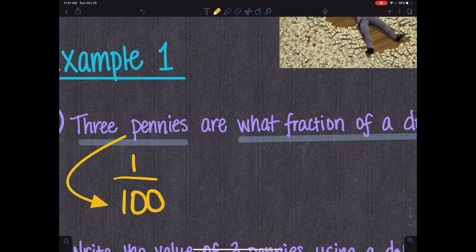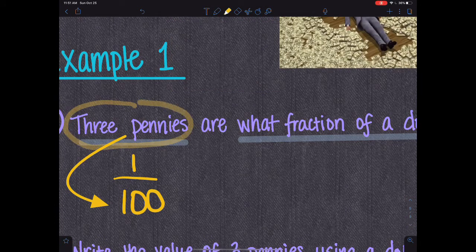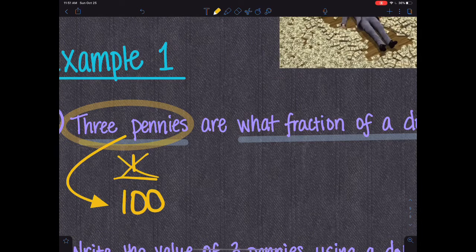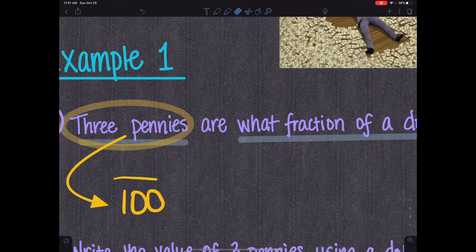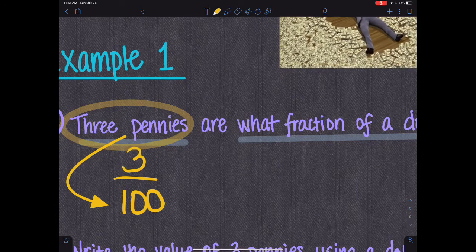Now, what goes in the numerator is actually the number of pennies that we're talking about. And they said here that they want to know 3 pennies are what fraction of a dollar. So in the numerator, instead of 1, I'm going to cross that out. I'm going to actually change it to 3 pennies because there are 3 pennies that they want to know is what fraction of a dollar.